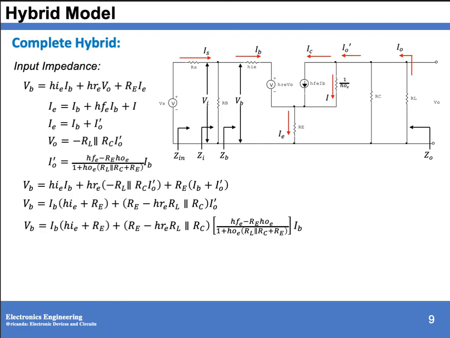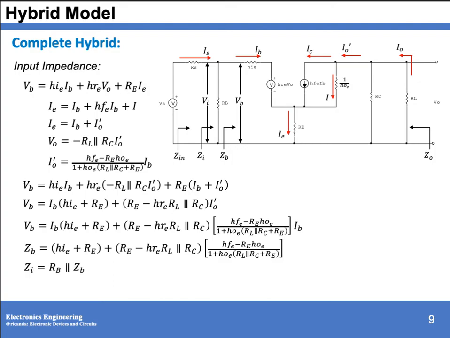So therefore, we have now an equation of our voltage at the base in terms of IB. If we divide this equation with IB, then we have our impedance at the base. So for the impedance Zi, we have RB in parallel with the impedance at the base, and impedance Zin is just adding RS to impedance Zi.